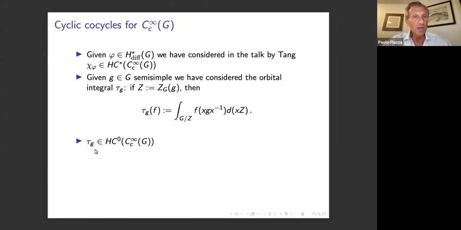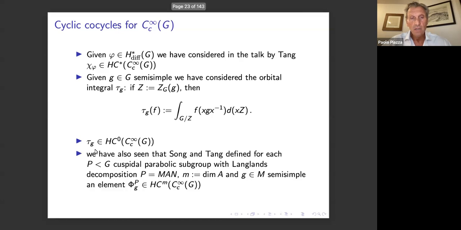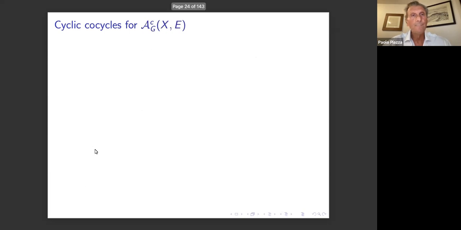We know that this is a zero cocycle. It has the trace property. And finally, Song and Tang also defined, for a cuspidal parabolic subgroup with Langlands decomposition MAN, another cyclic cohomology class that was denoted phi P g. Here g is a semi-simple element in M.